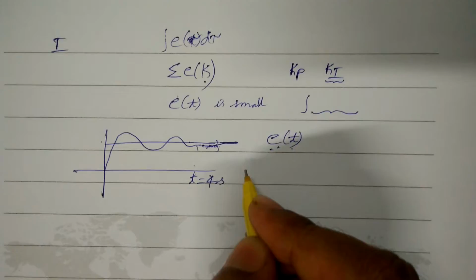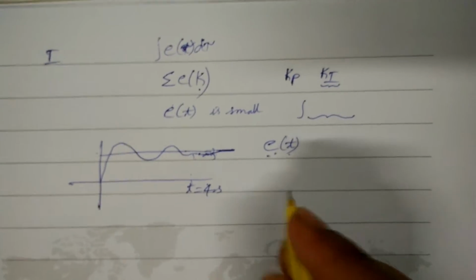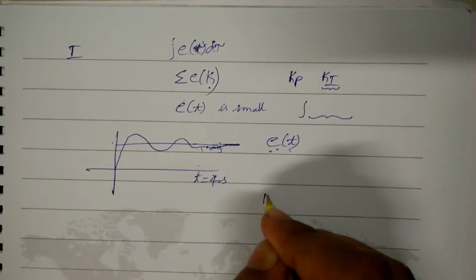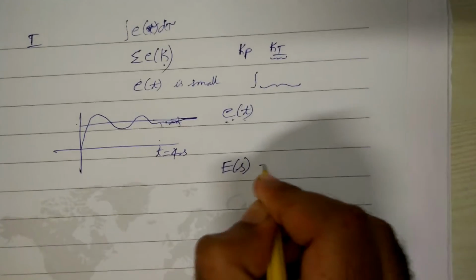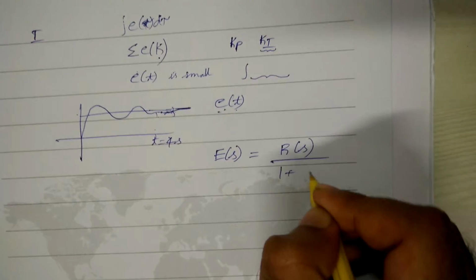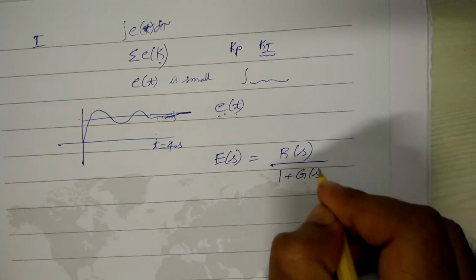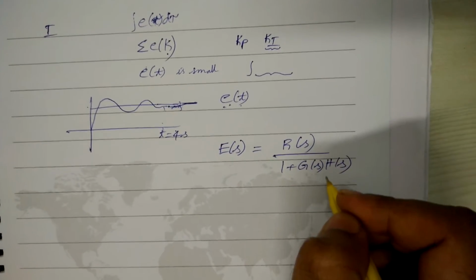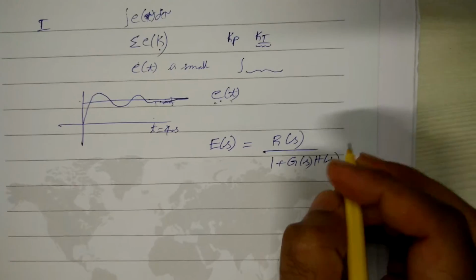Now this can be proved mathematically by using classical control theory, because the expression for E of S is R of S by 1 plus G(S)H(S). This is known to everybody.